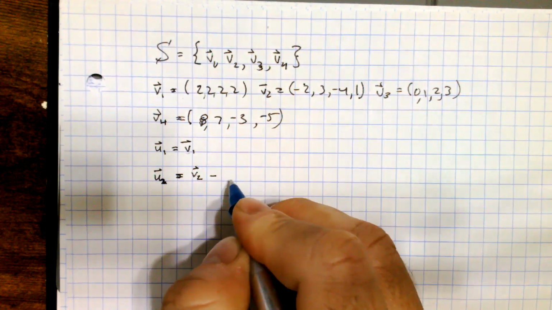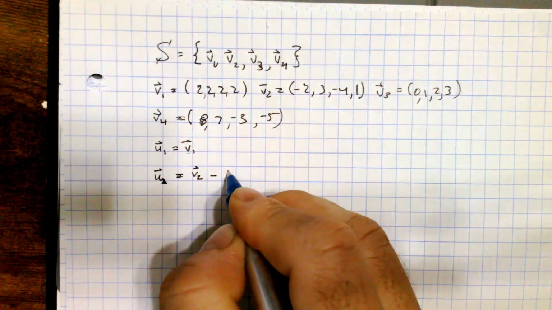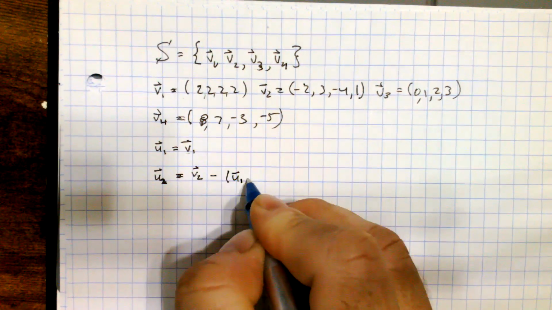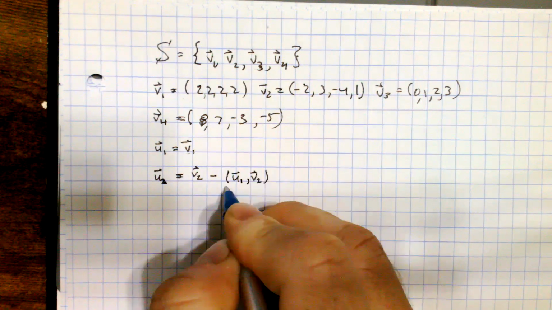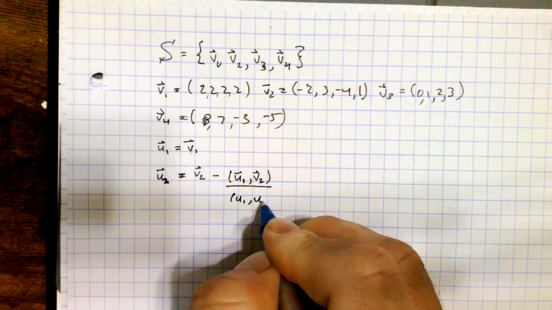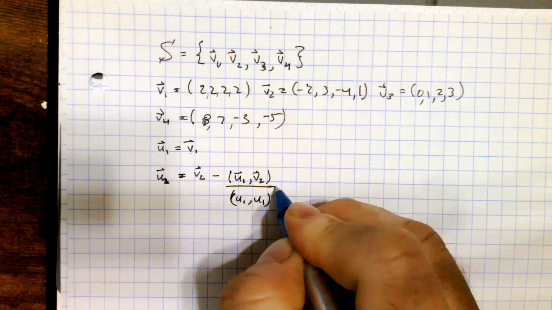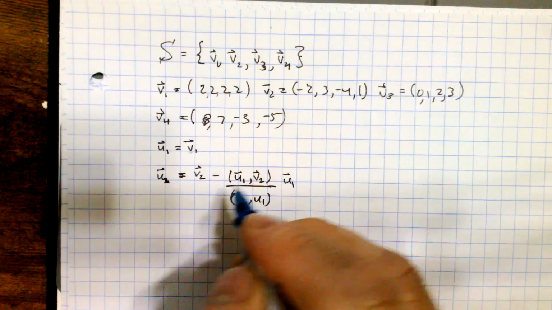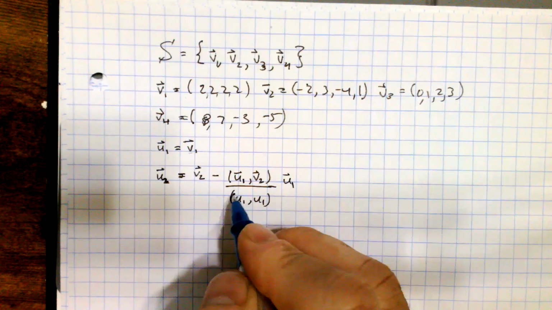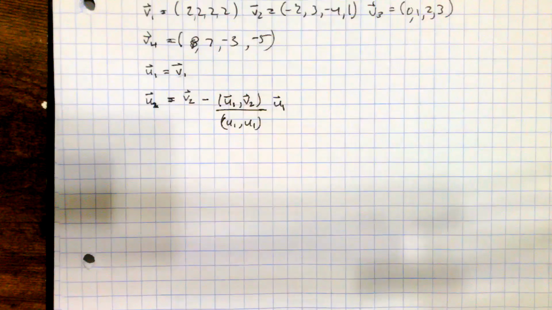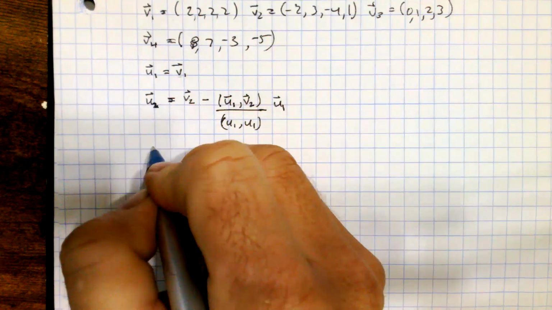To do this, you subtract off the inner product of u1, the one you just found, and v2 divided by the norm of u1 squared, and that's also going to be in the direction of u1. So this is going to be the second vector that we're going to compute. We'll also do the calculations using technology. I'm just showing you the scheme that we're utilizing here.